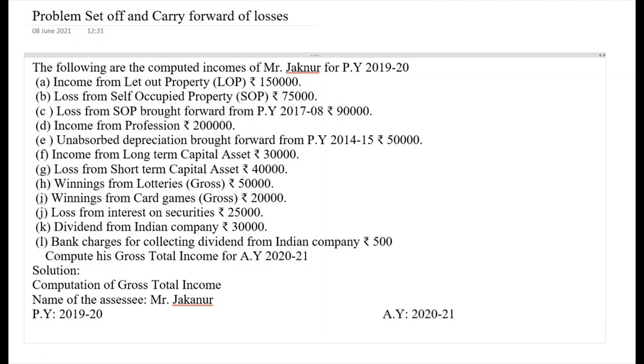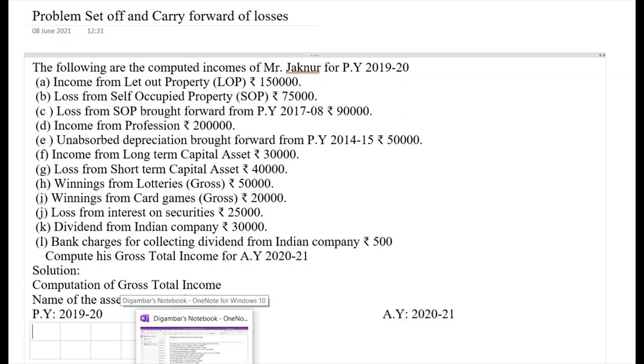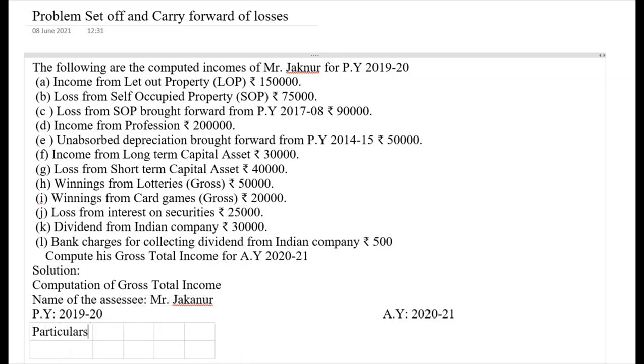Let me insert the columns here. So we need 5 columns: particulars, inter-source set off, inter-head, carry forward, GTI.